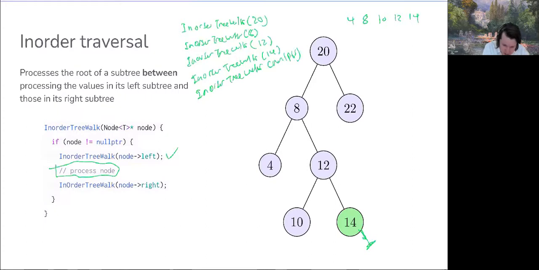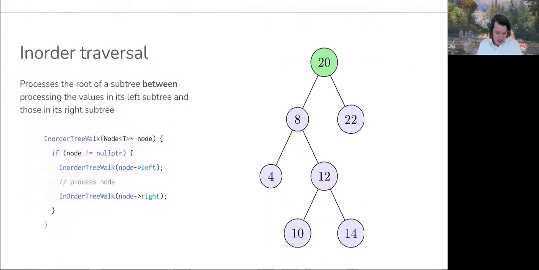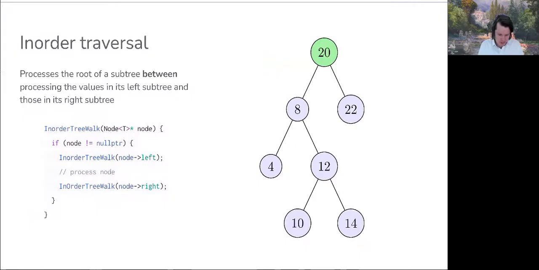All righty, let's go ahead and visit that. Nothing's going to happen. We'll return back to our invocation of inorder tree walk for the node whose key value is 14. At that point, we're done. With that, we go ahead and return to the caller.